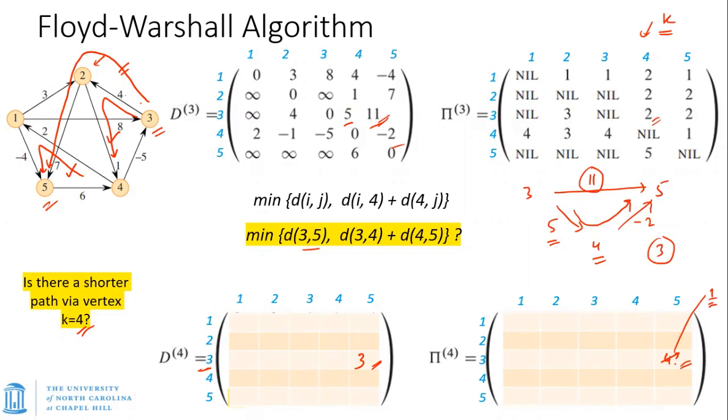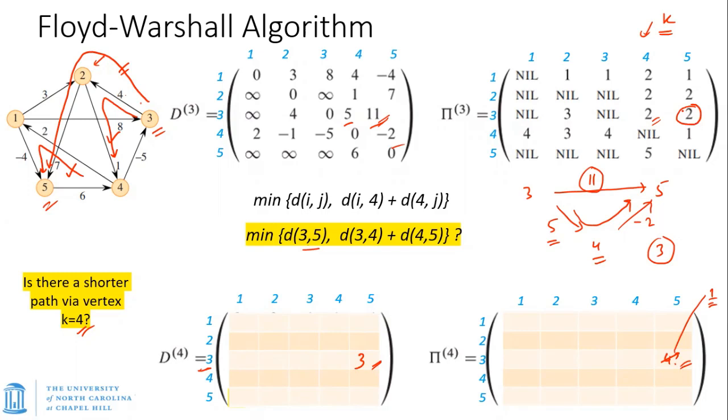So for example, let's say we're trying to get from 3 to 5. How is the predecessor matrix actually working? Let's just figure out how this is working before we get to your question.